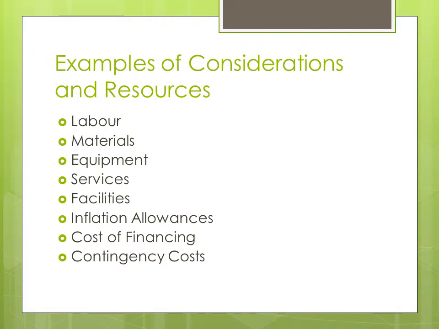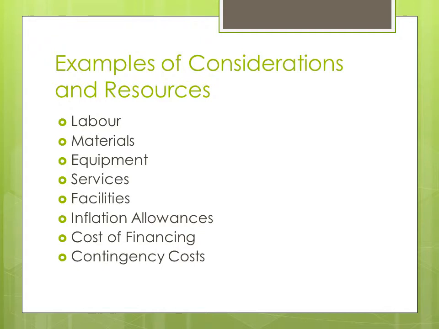Now we need to think about what resources could possibly have to go into our estimations of our project costs. So you've got to think about labour or human resources, materials, equipment, services that might be hired, facilities that might have to be hired, inflation allowances, costing of financing, and contingency costs.